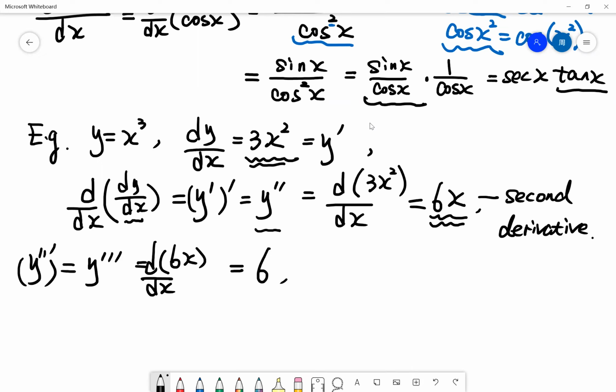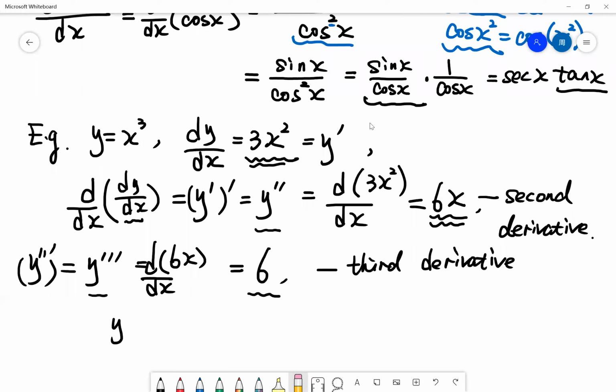So here I have a question: if I differentiate the function 6 again, then we have the fourth order derivative, right? And that equals 0. So from the fourth derivative on, we don't write prime, prime, prime, prime here. From the third, here is the third derivative. From the fourth, we write it like this.